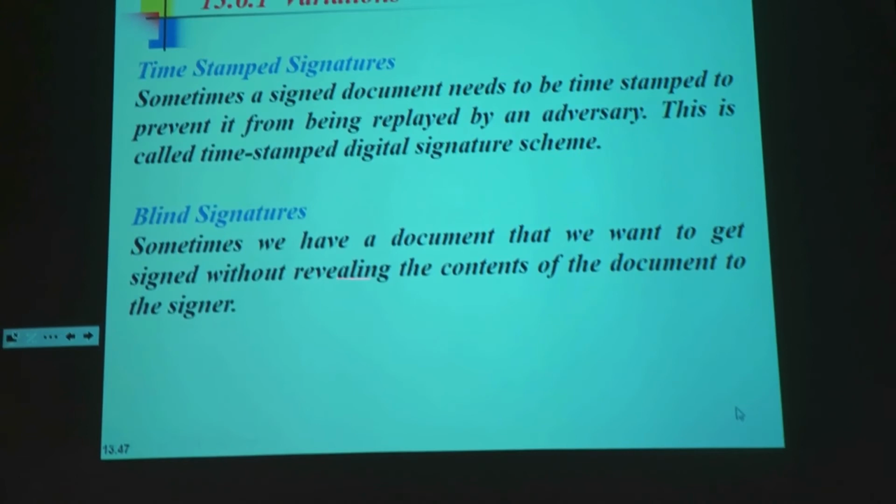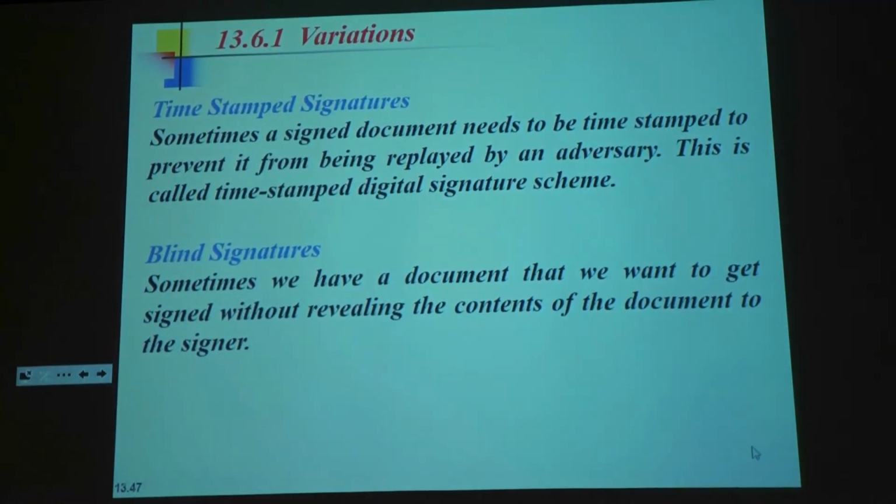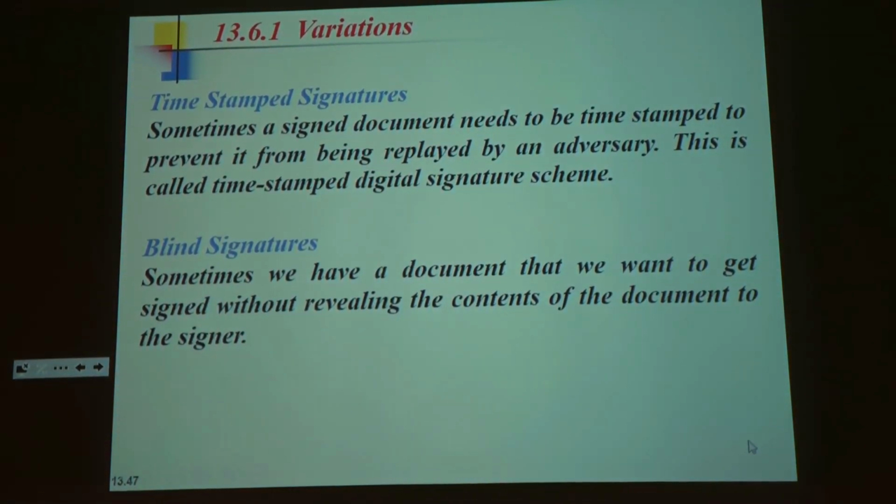And also there is something called a blind signature. Sometimes we have a document that we want to get signed without revealing the contents of the document to the signer. Like what? A notary public. Has anybody used a notary public before? When you go, the notary public is not supposed to read the document.